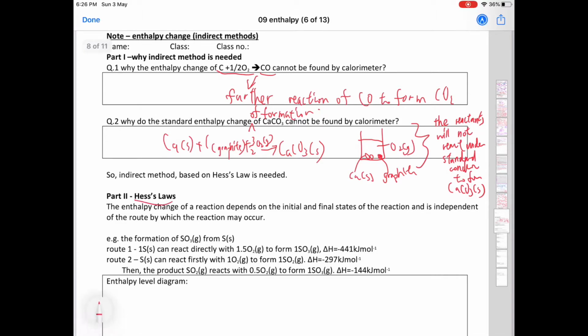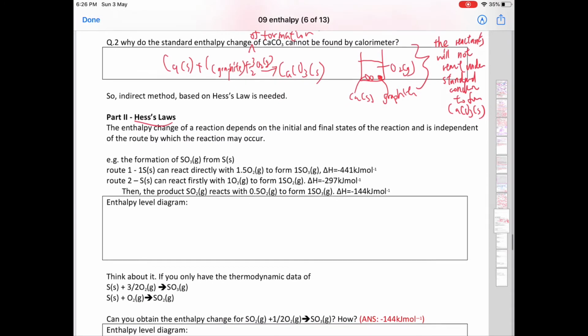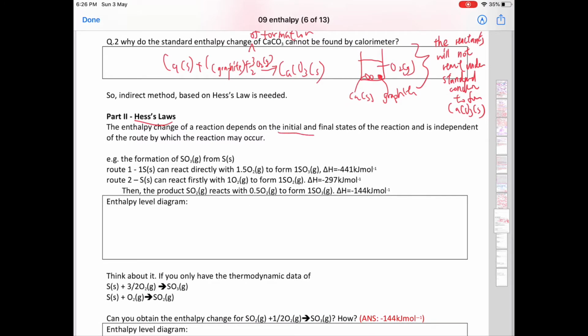Hess's law means that the enthalpy change of a reaction depends only on the initial state and the final state of the reaction, but is independent of the route it may take.